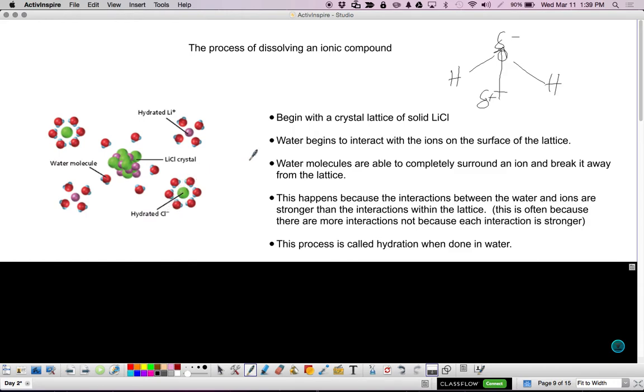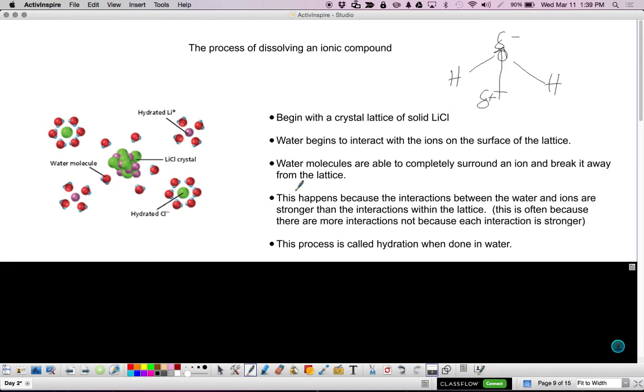So water begins to interact with the ions on the surface of the lattice because of this charge. Water molecules are able to completely surround an ion and break it away from the lattice. And when you do that, that ion goes, quote, into solution, because it's completely surrounded by waters.